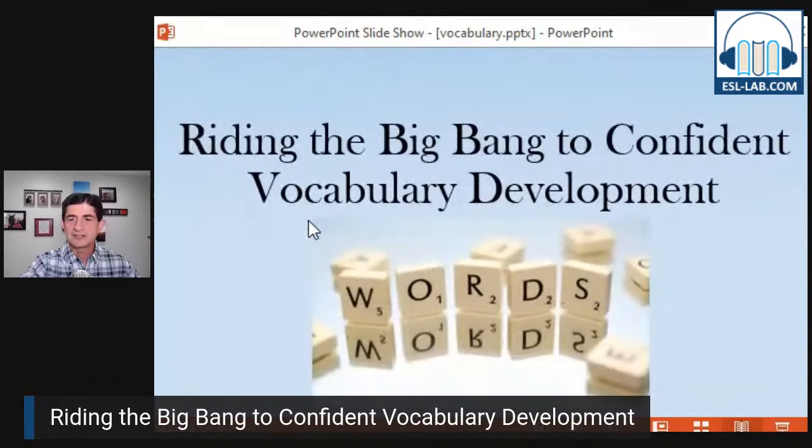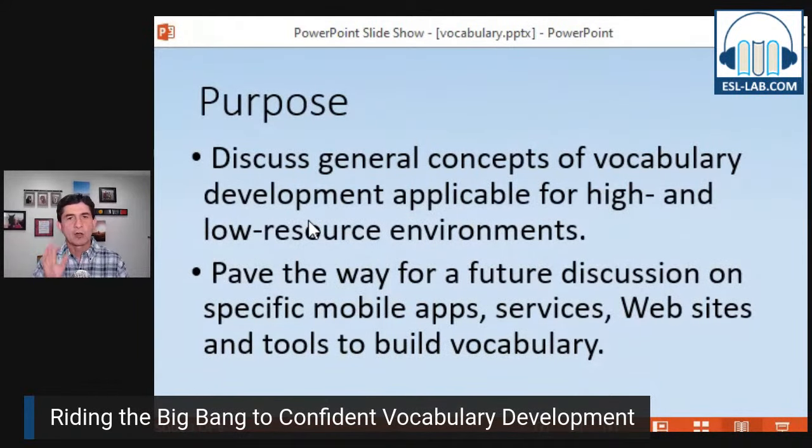Although we talked just about general ideas of vocabulary development, one of the things I want to do next is move on to talking about teaching tools, websites, applications. Randall, the ideas you talked about today are great for high resource classes, that means classes that have lots of technology, and the ideas you mentioned about selecting vocabulary and word wheels can be used for low resource environments.